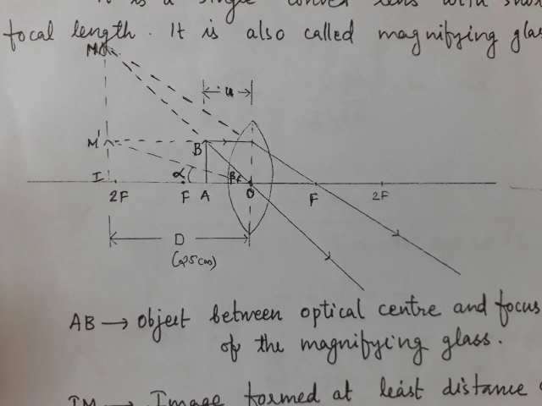So what we can do is take the angular magnification, which is a particular way of defining the magnification in a lens.